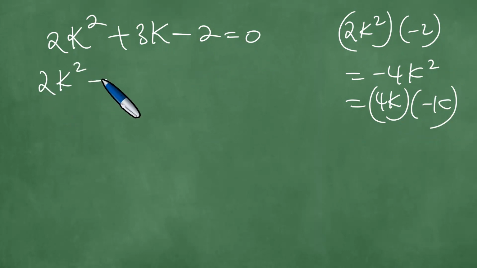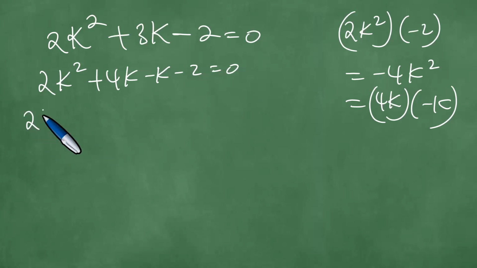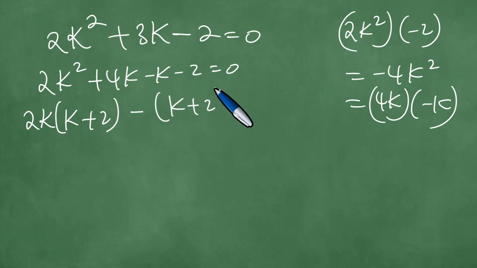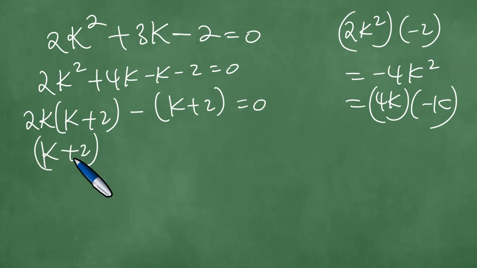which means you have 2k squared plus 4k minus k minus 2 equals 0. Pull out 2k here, which means you have k plus 2, and then you have k plus 2 equals 0, which means that we have k plus 2 into 2k minus 1 equals 0.